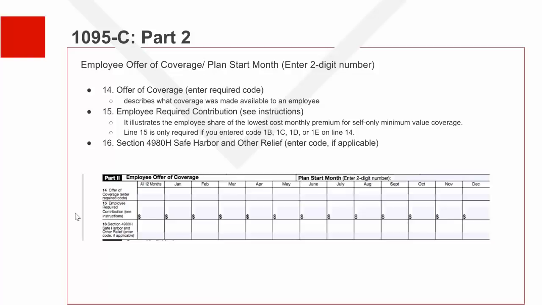This is considered the safe harbor code, and it needs to be entered to reflect the safe harbor situation that applies to your employee. So whether an employee was not an employee for that month, or perhaps they weren't full-time or were not enrolled, all of this needs to be identified right here on line 16. But of course, we'll get into why and a little more of those common codes.